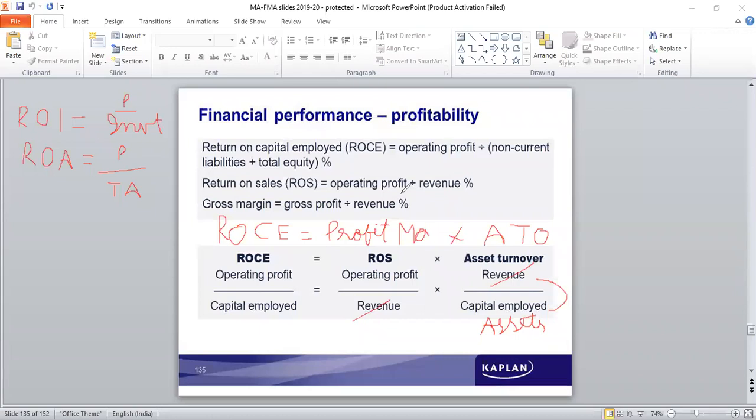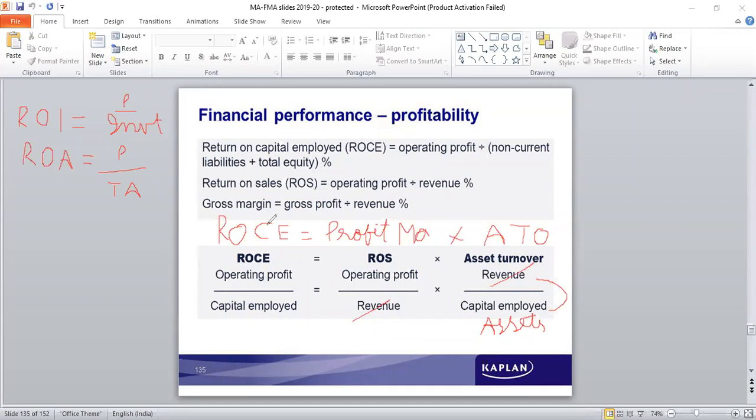If somebody asks you whether their profitability position is good or bad, the immediate thing one can take up is the profit margin, but that may not explain the complete picture. So we can calculate ROCE by using DuPont analysis, that is profit margin into asset turnover ratio, which tells where their efficiency lies. Is it because of a high profit margin, or because they are able to convert their investment into sales, selling more number of units? That can be understood.